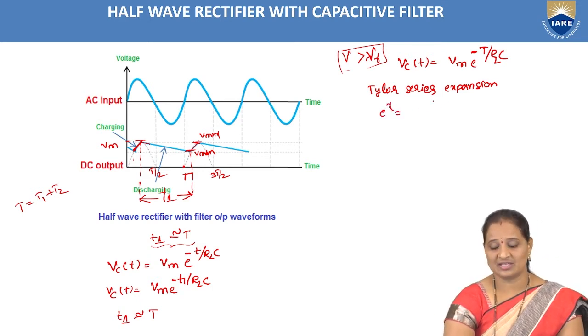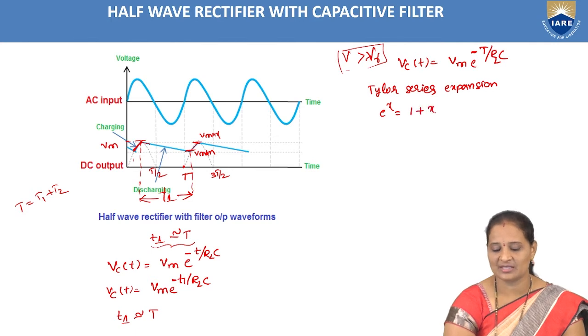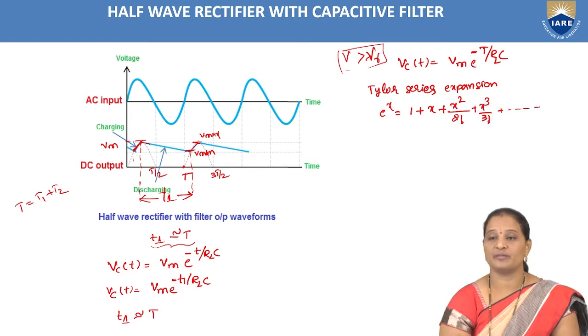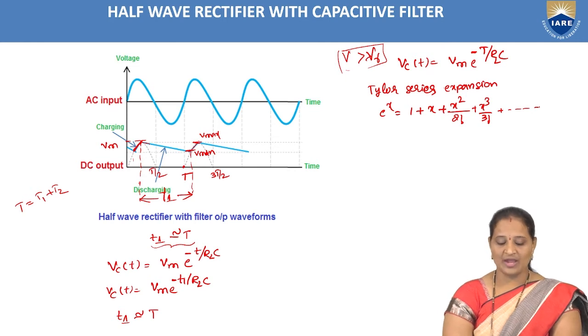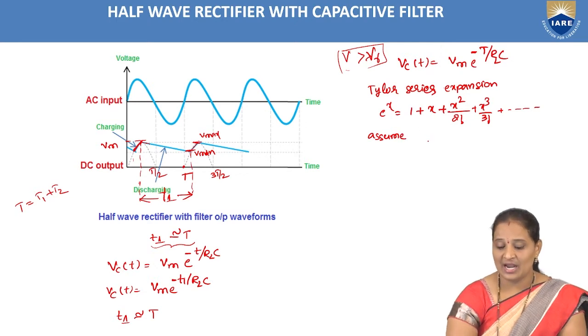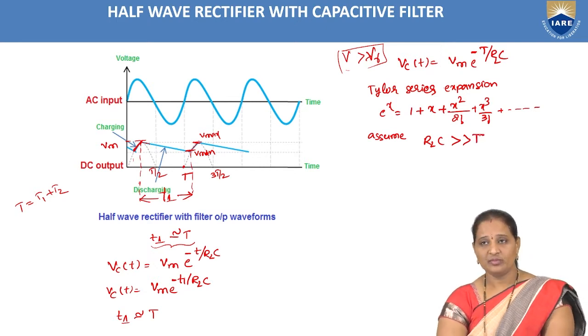According to the Taylor series expansion, it can be expanded as 1 plus x plus x square by 2 factorial plus x cube by 3 factorial and so on. And we need to consider one assumption, that the time constant RL into C is very much greater than the time period T.